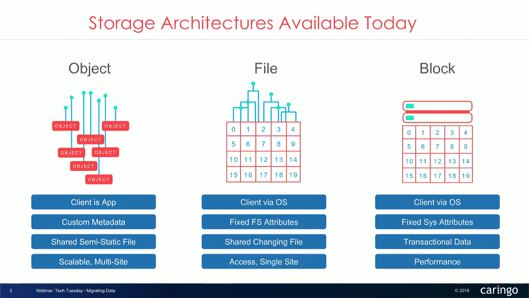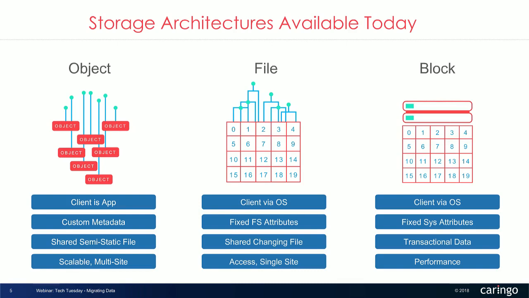Yeah, that actually is a characteristic as you're more towards the right side of this image here. So block is very constrained to what was one disk drive originally and is now a SAN.